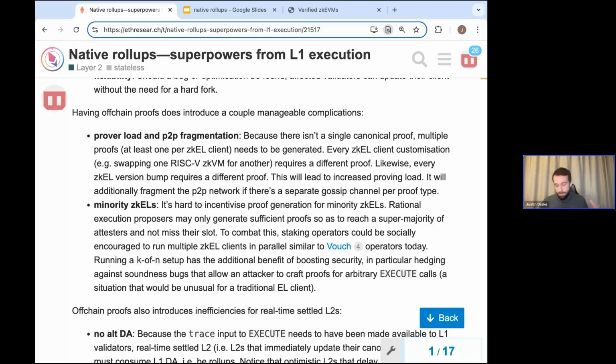In order to have a reasonable number of proofs that need to be generated, my suggestion is that every single EL picks a canonical zkEVM. And in order to do that in a graceful way, you can pair the very fast ELs with the slower zkEVMs and vice versa. You can pair the fast zkEVMs with the slow ELs.